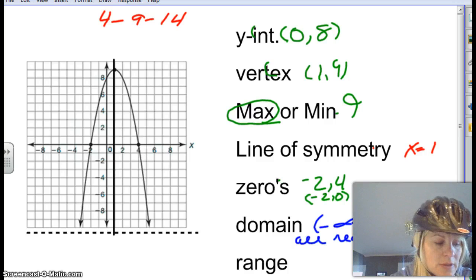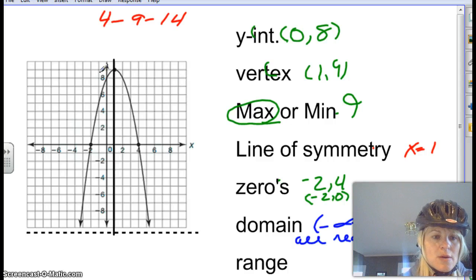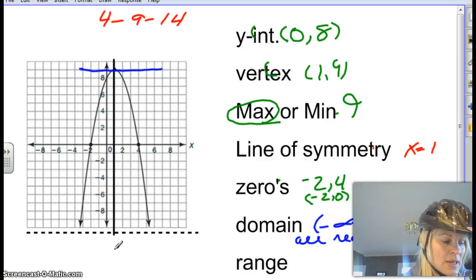All right, now we're going to get to the range. The range is a little bit different as to how we describe it, because it doesn't go to all real numbers, okay? The range is the y, and it stops here at the 9. And then it goes on forever down, okay?